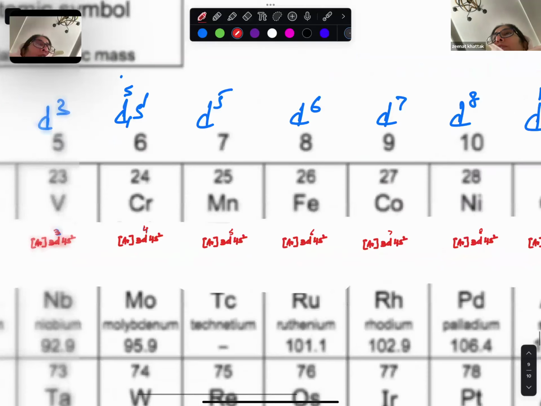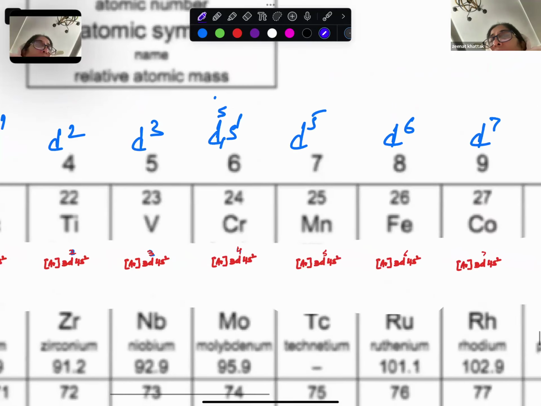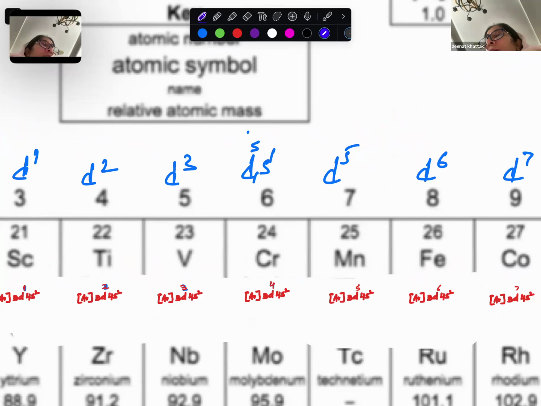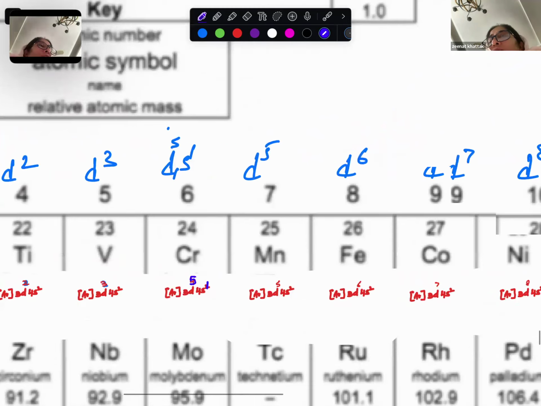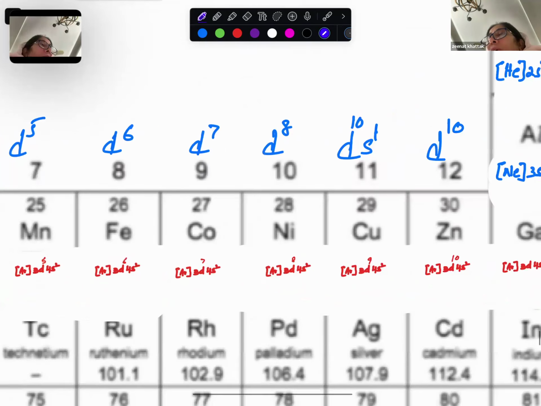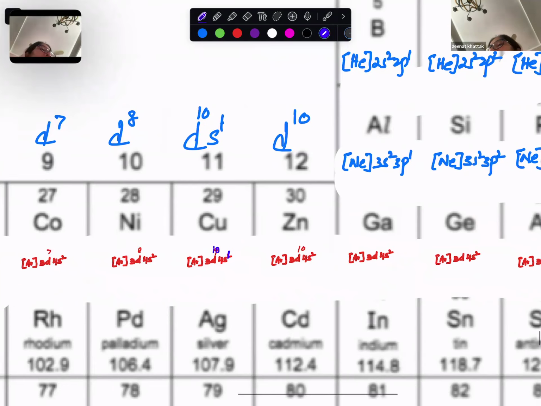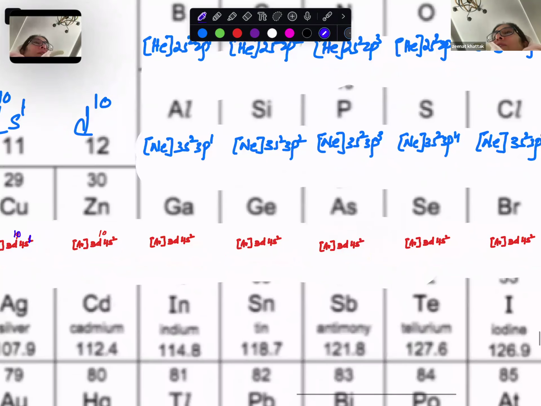Now, where are the two exceptions? The two things that change for stability. One electron transfers from this to this, and it becomes 3d5 4s1, and the copper is 3d10 4s1. And now they are all 10, 10, and 10. They are all, the d is filled.